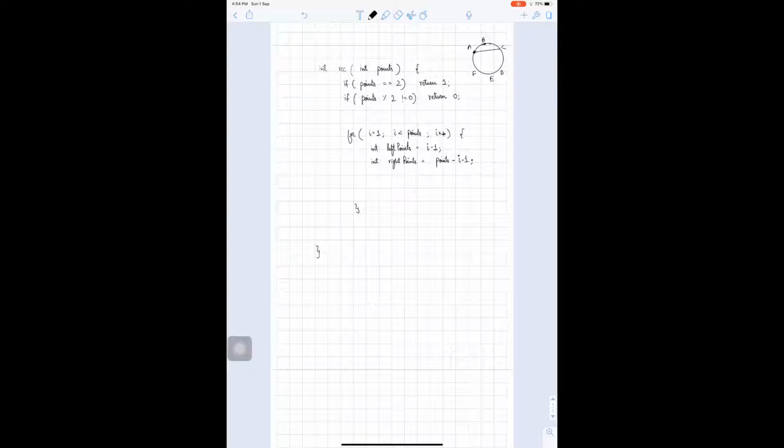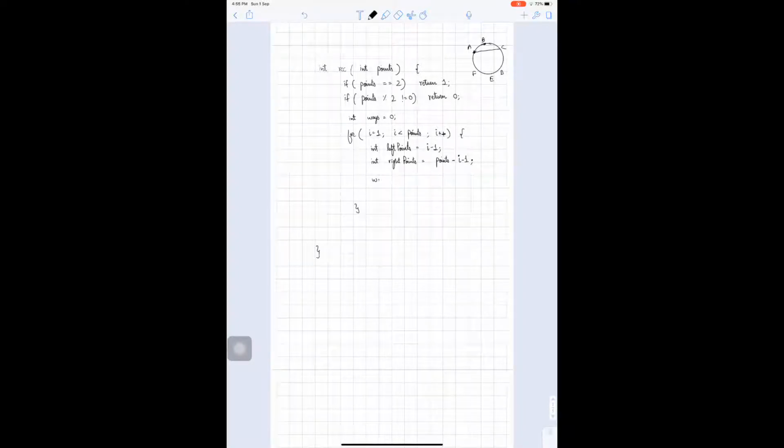Now how will we recurse? So let's have an integer ways is equal to 0.